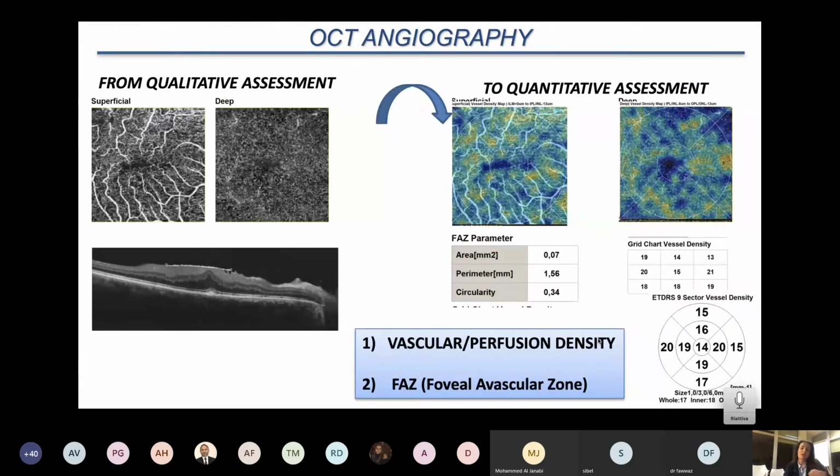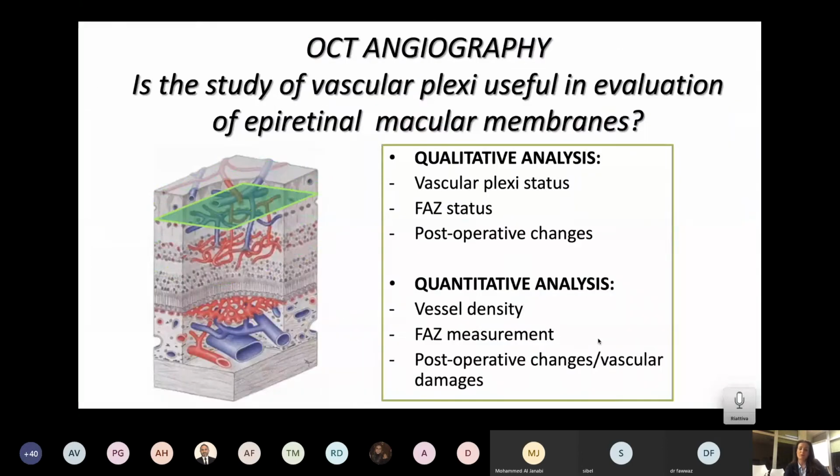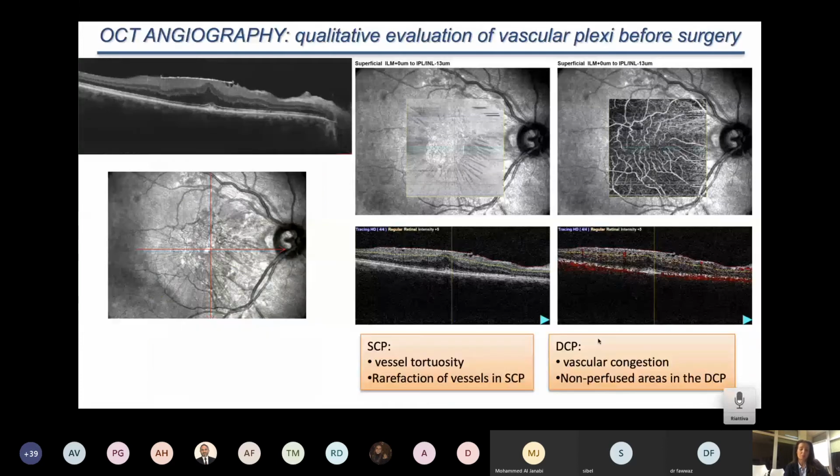Today, OCTA gives us the possibility of having a quantitative and a qualitative evaluation with the possibility of measuring the vessel density and the foveal avascular zone. So we can do a qualitative and a quantitative analysis using OCTA before and after epiretinal macular membrane surgery.